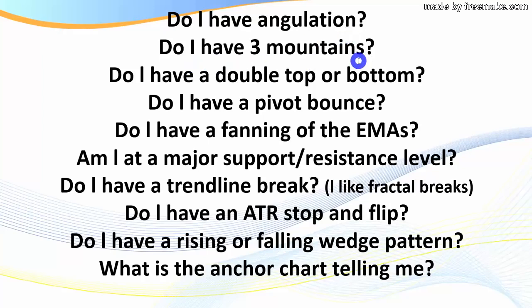Do I have three mountains? Now what I mean by that, and we'll see this on a chart, where I go 1 in a trend, 2 and 3, that is, the more waves you've had in a trend, the more likely you are to have a correction or a change in trend.